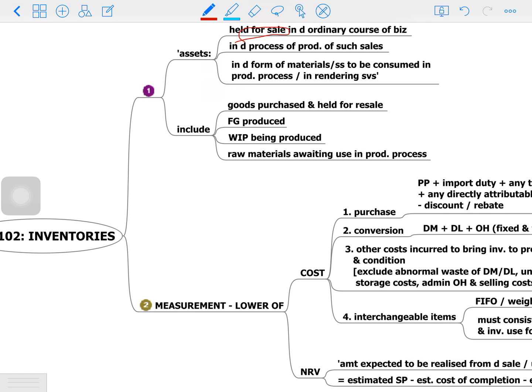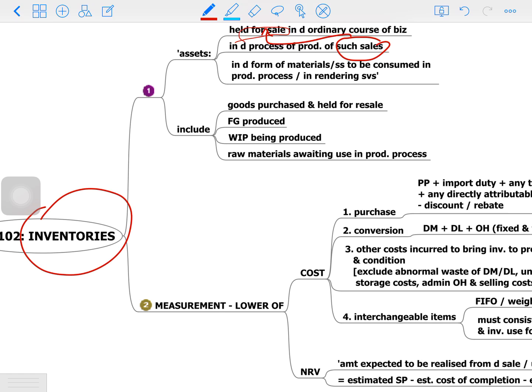So the word inventories here means a lot of things, not just goods for sale. It's also goods that you have manufactured. It also refers to work in process and raw material.